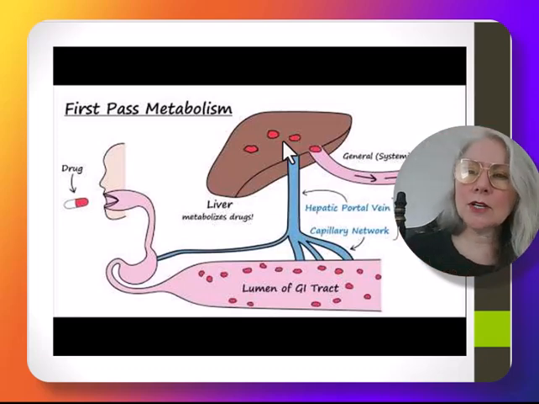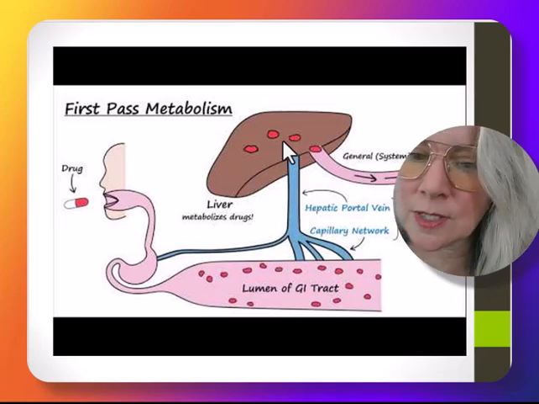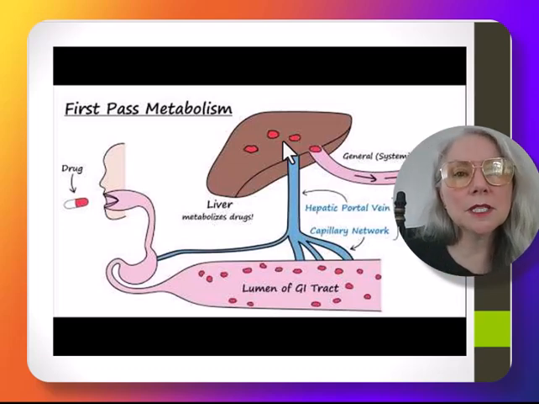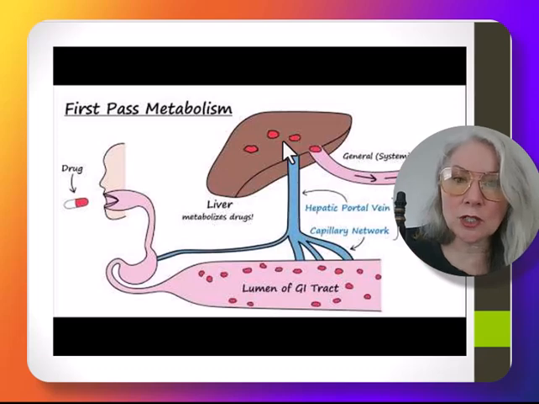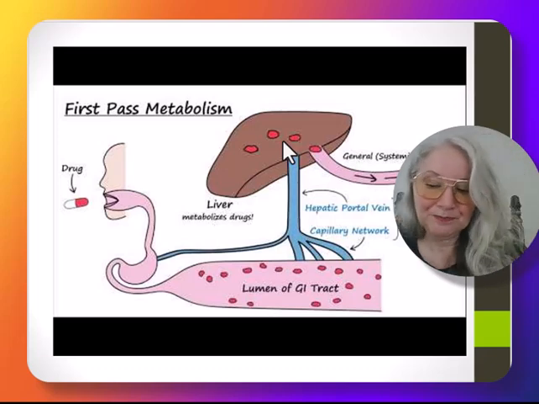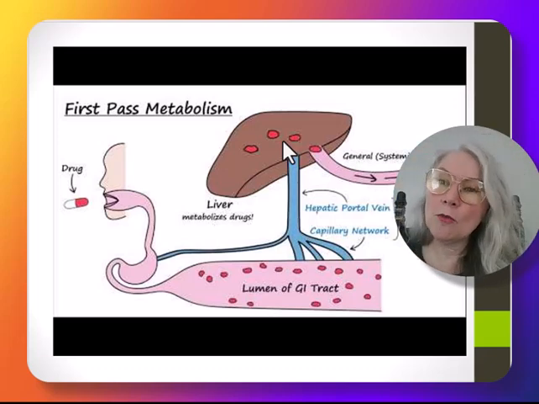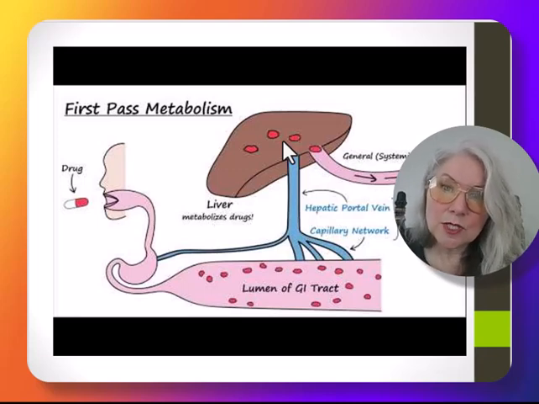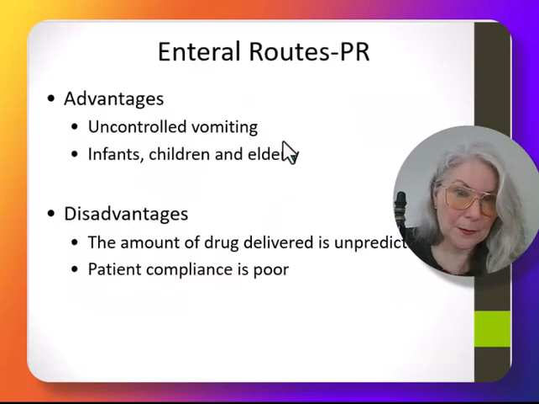Okay, now we can get into the regular systemic circulation. But again, sometimes it can metabolize certain drugs way too fast, and you get almost no working molecules out the other end. So those types of drugs need to be administered by IV first.